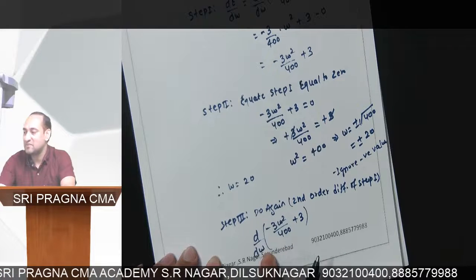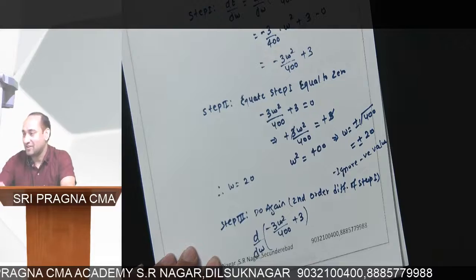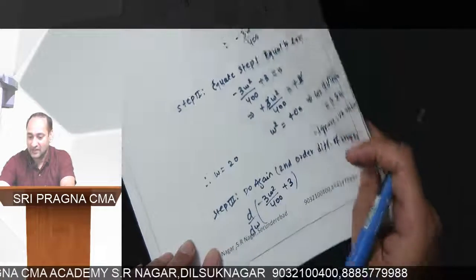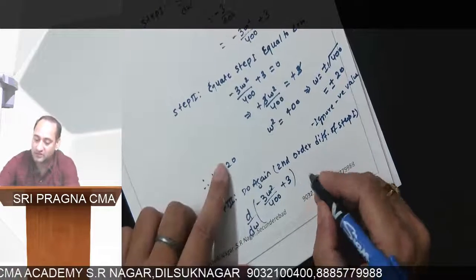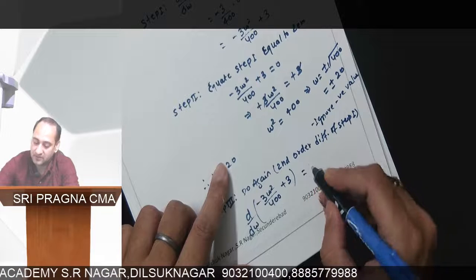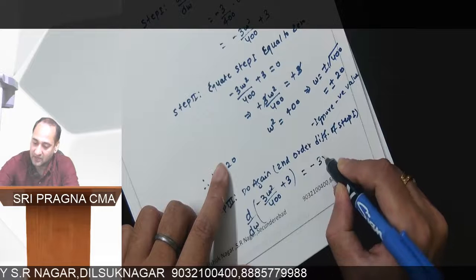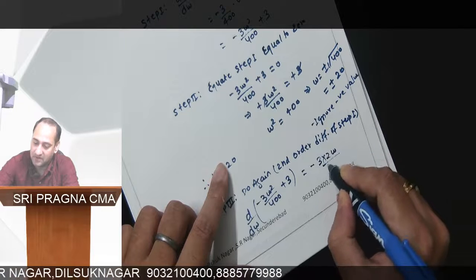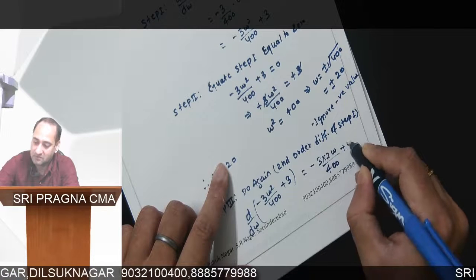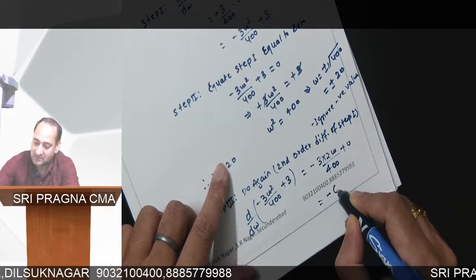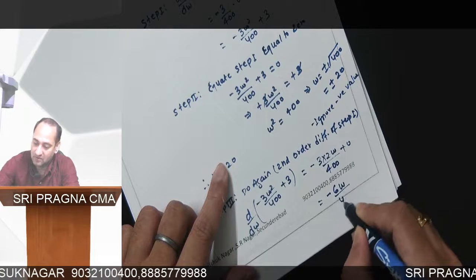Don't write x by mistake; it is all about habit and practice. So minus 3 into 2W divided by 400, and the constant becomes 0. So overall minus 6W by 400.